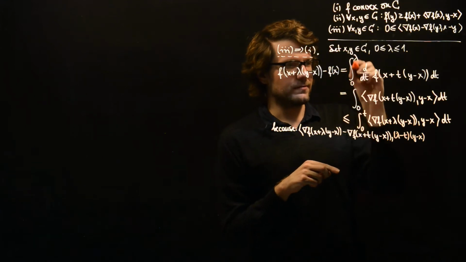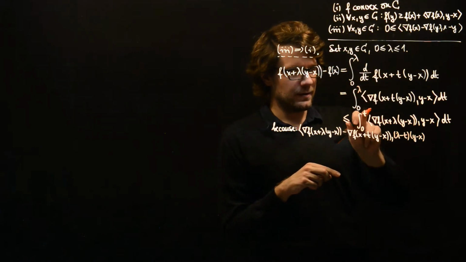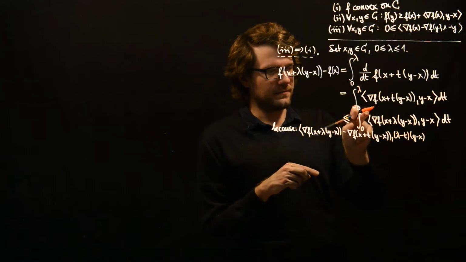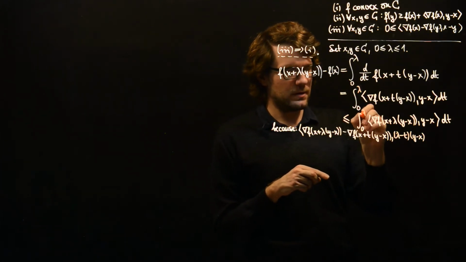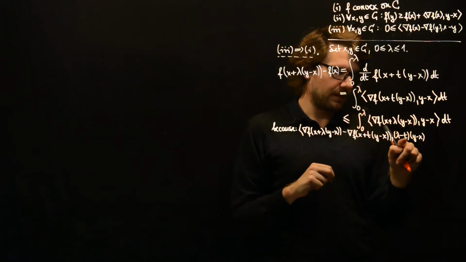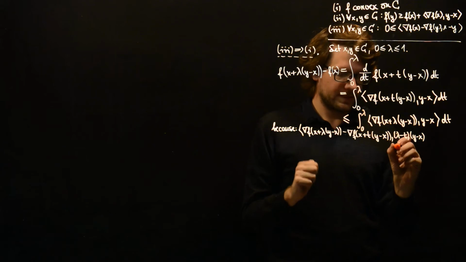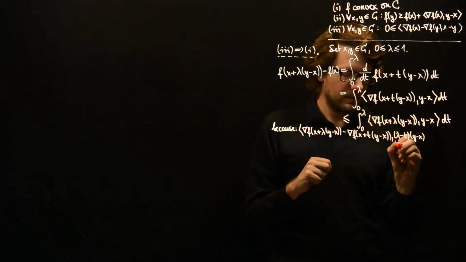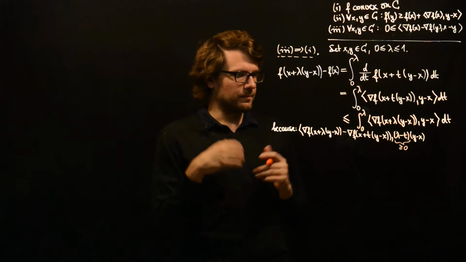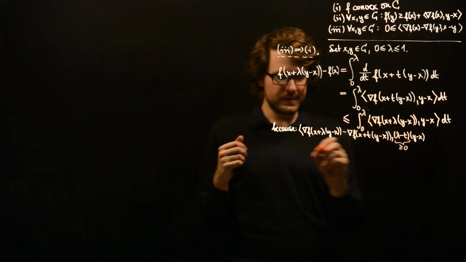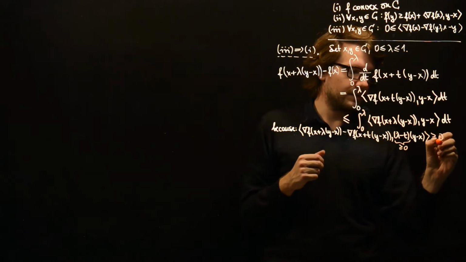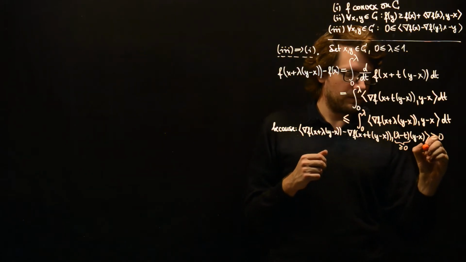So the upper limit is of course lambda as in the very first equation, the very first integral. So t is between 0 and lambda. So lambda minus t is always greater or equal than 0. So we can pull this out. And we have that this expression is greater or equal than 0 by 3.